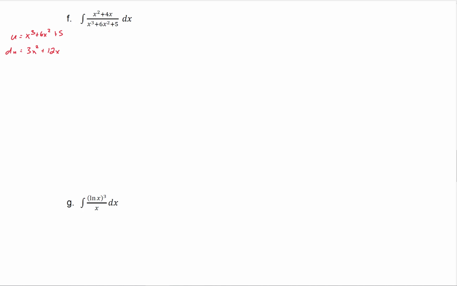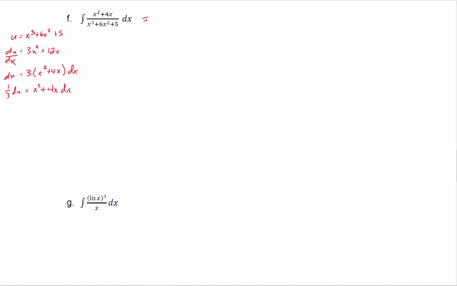So du is 3 times, factoring out, 3 times x squared plus 4x dx. Notice we have an x squared plus 4x dx, and du is 3 times x squared plus 4x dx, so we have to get rid of that 3. So 1/3 du equals x squared plus 4x dx.